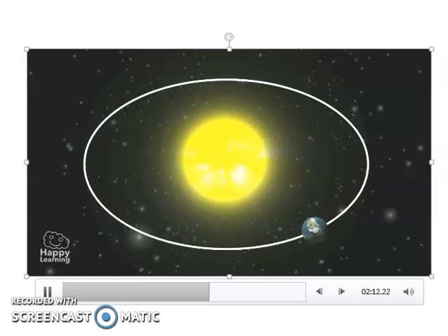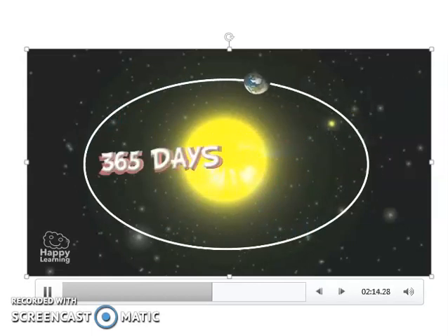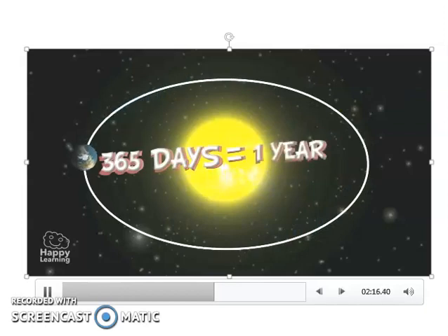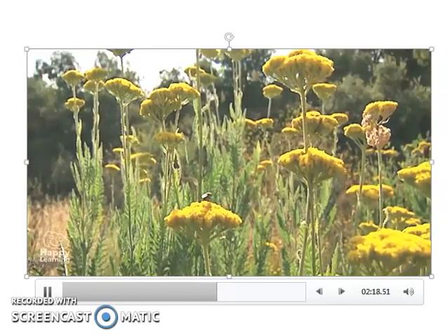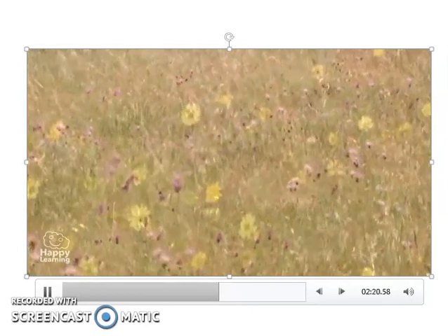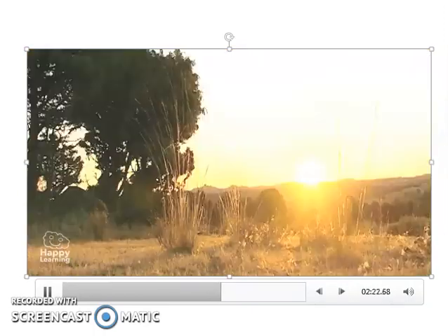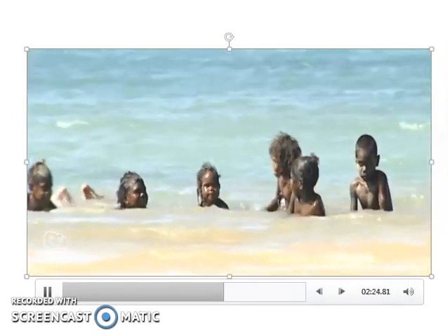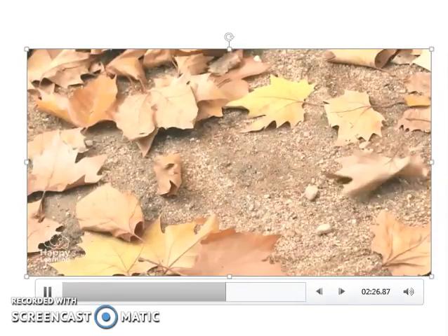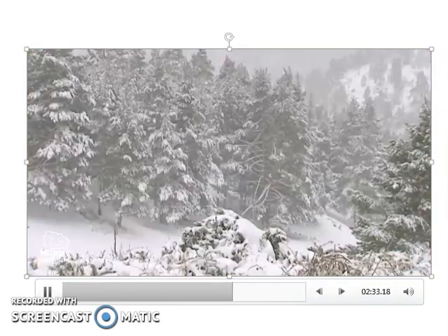Well, it takes 365 days, exactly 1 year. This revolution movement is what makes the spring with its colourful flowers, the hot summer full of fun, the autumn when leaves fall from the trees to the ground, and the cold and frosty winter.